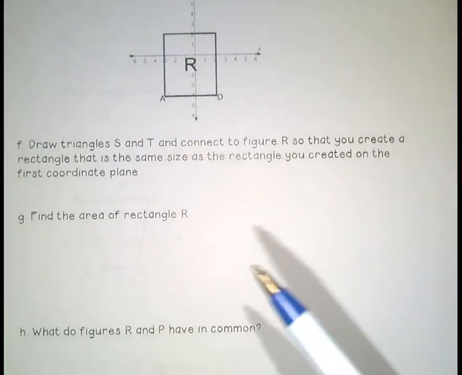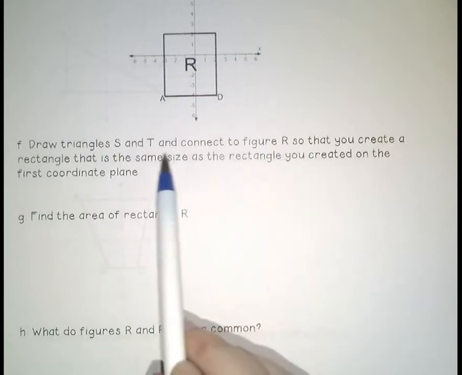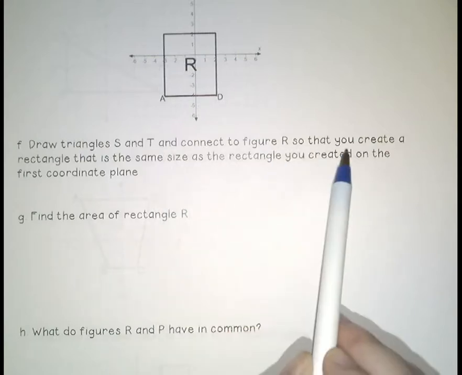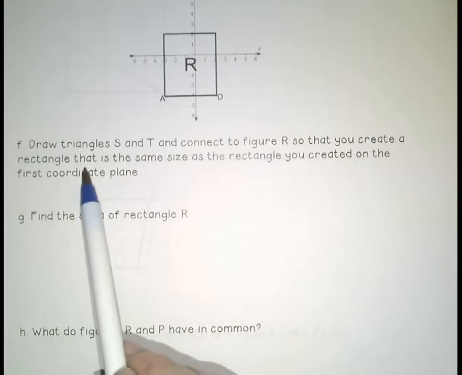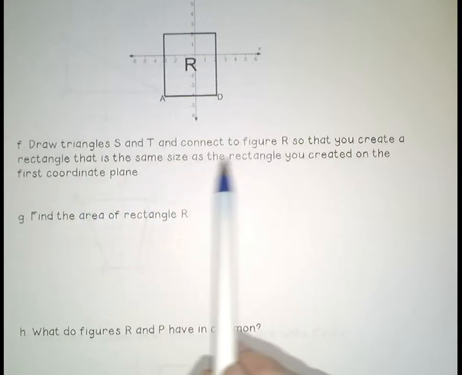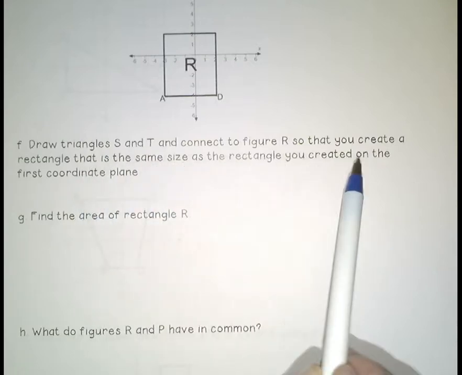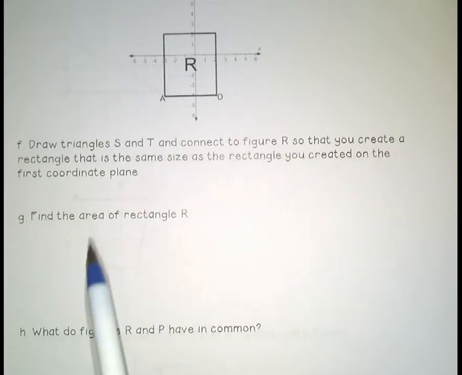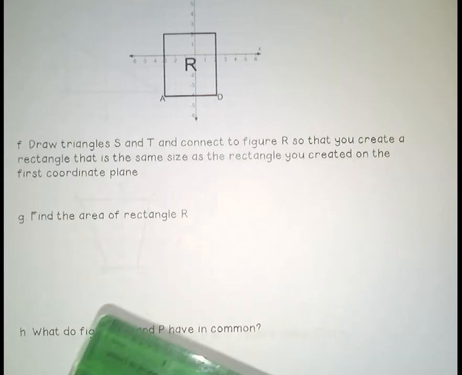Draw triangles S and T that connect to figure R so that you create a rectangle that is the same size as the rectangle you created on the first coordinate plane. Okay, so we need to make two triangles S and T to create the same rectangle.